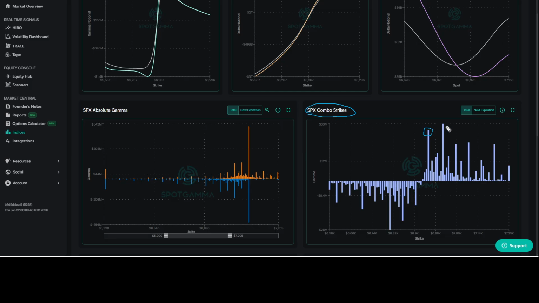This combo is in the same position. Sorry. This combo, these are in the same position for SPX and SPY.